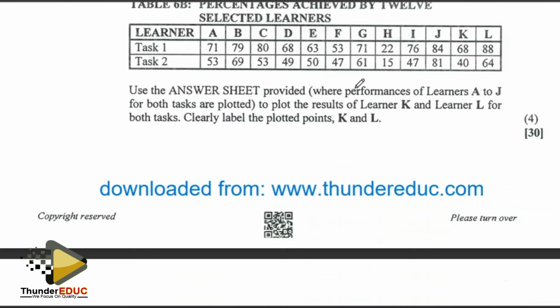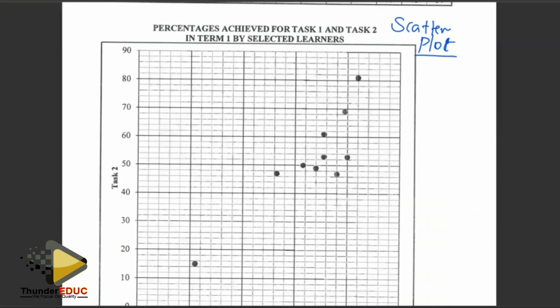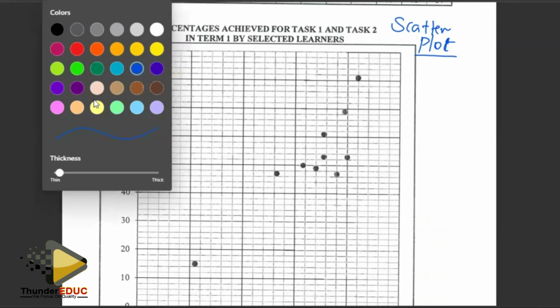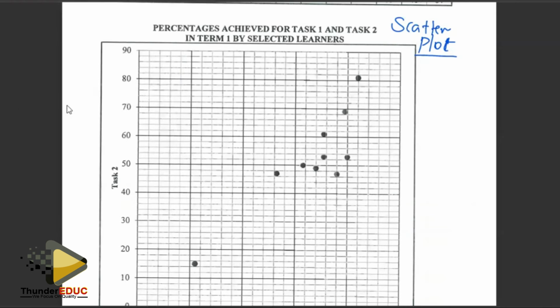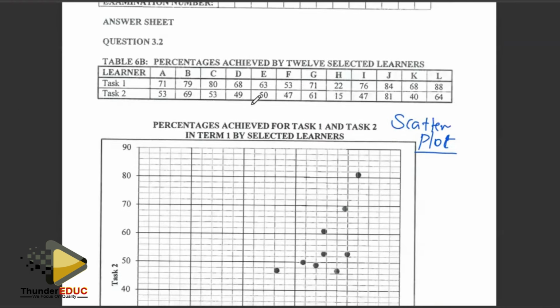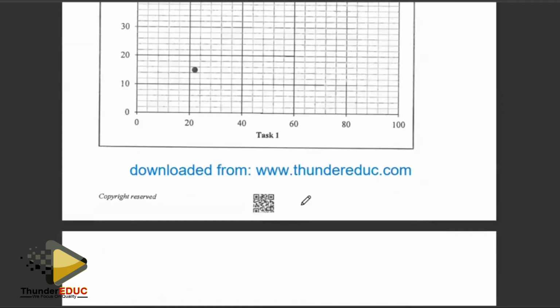To plot the results of learners K and L, label the points. All right, let's go to the next and we see. Okay, we're plotting. The first learner is this one here. We are plotting 68, 40.